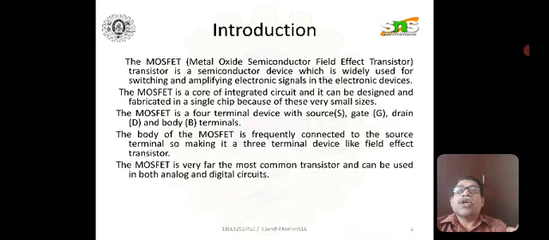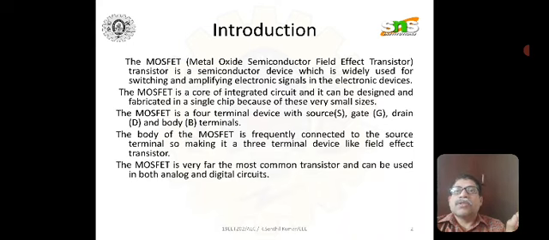The MOSFET is a core of integrated circuits and it is designed and fabricated in a single chip.